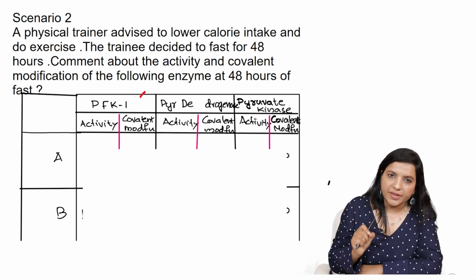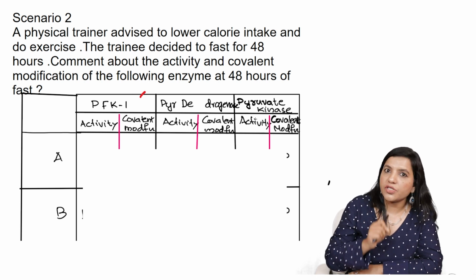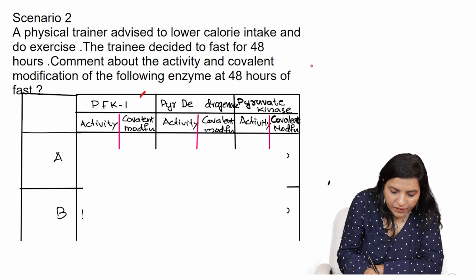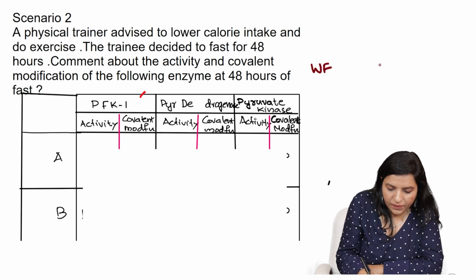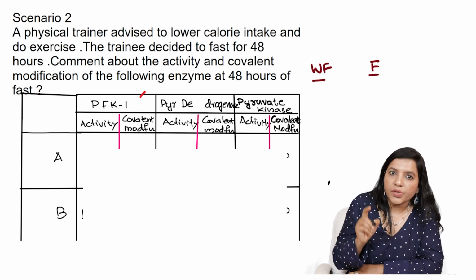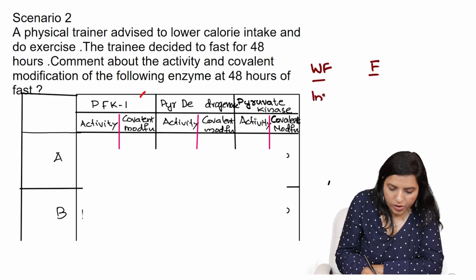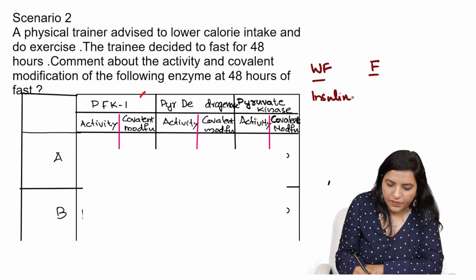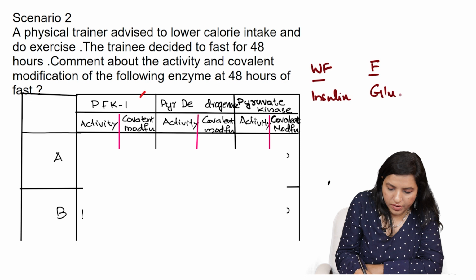What we should understand is that this is a stage of fasting. We know that there are 2 stages, the well fed and the fasting stage. In the well fed stage the hormone is insulin and in the fasting stage it is glucagon.